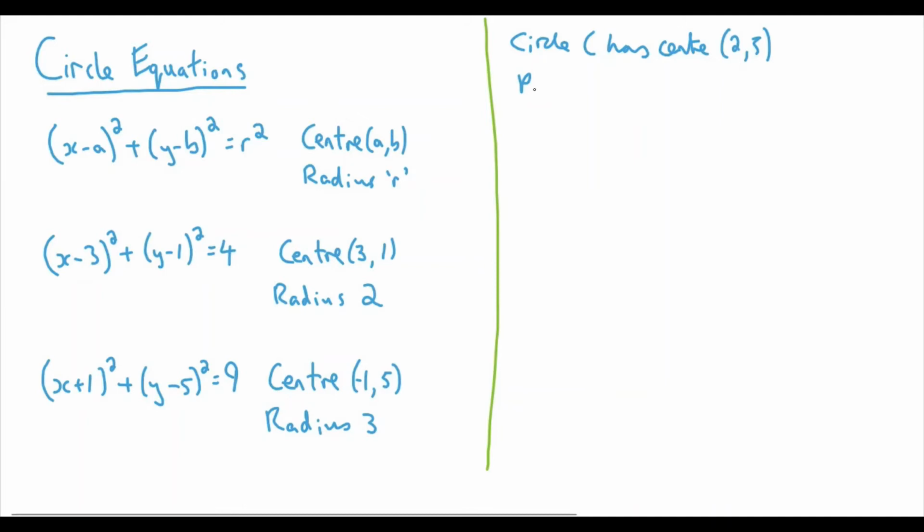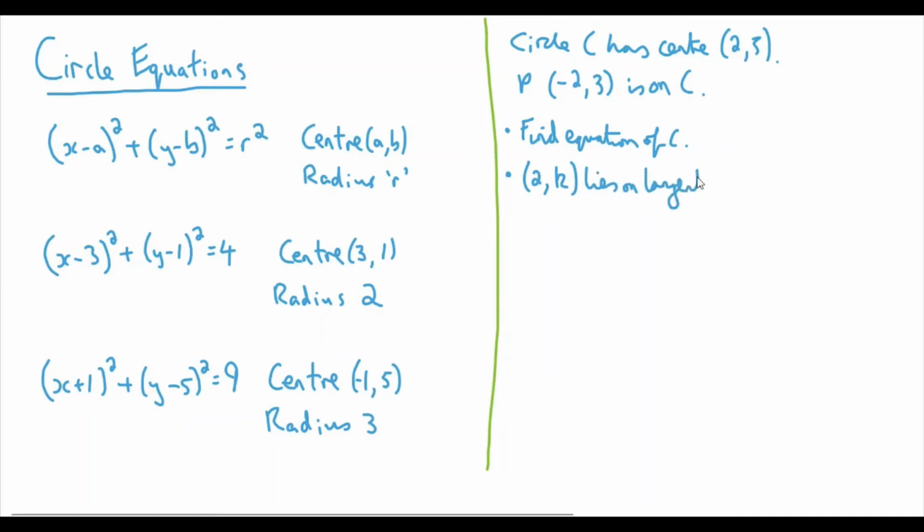So you have point P, which is at coordinates (-2, 3), on C. Now, first of all, find the equation of C. But then, once you've done that, we'll say that the point (2, k) lies on the tangent at P. Therefore, find the value of k.